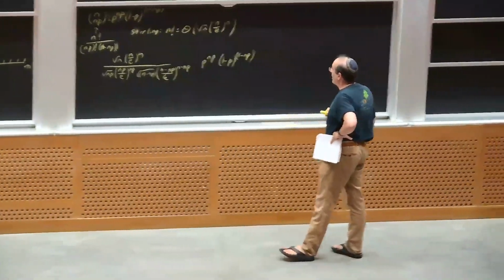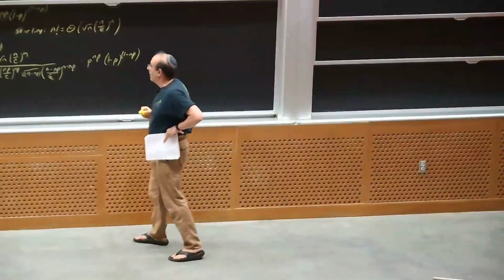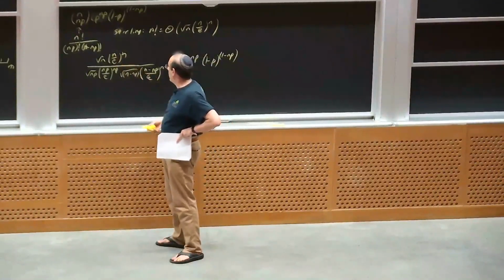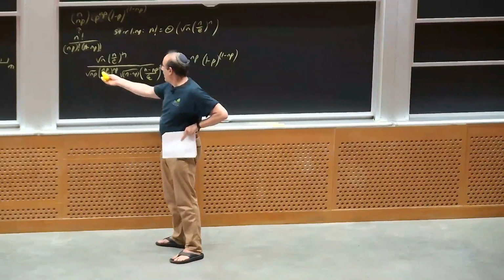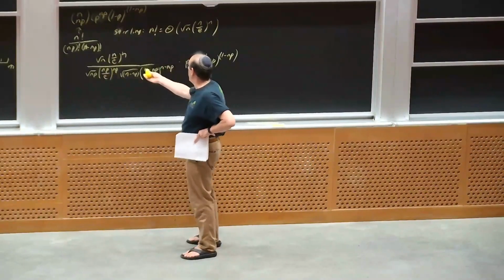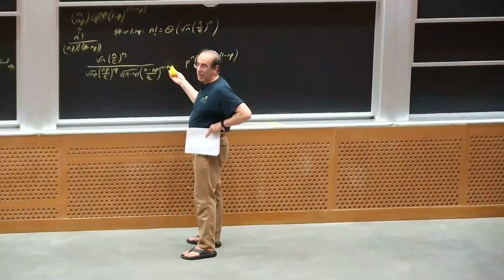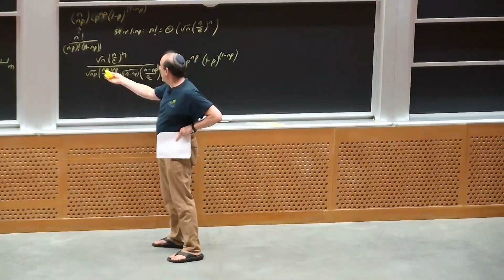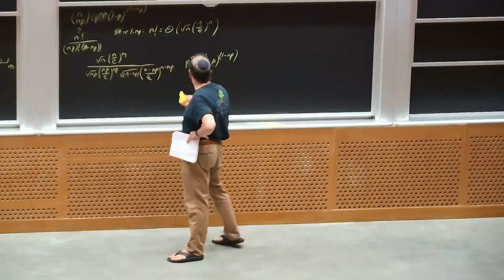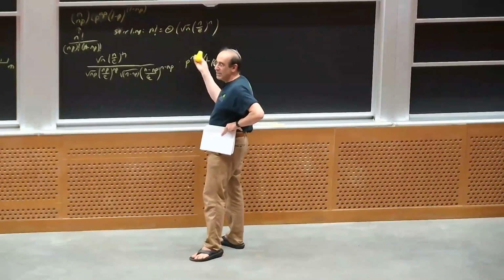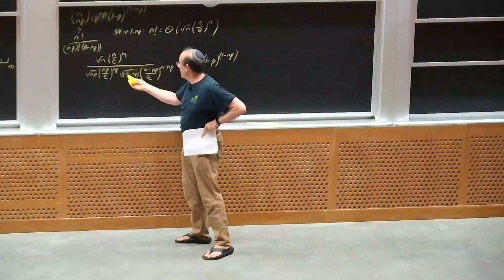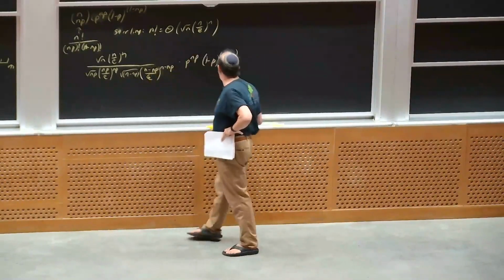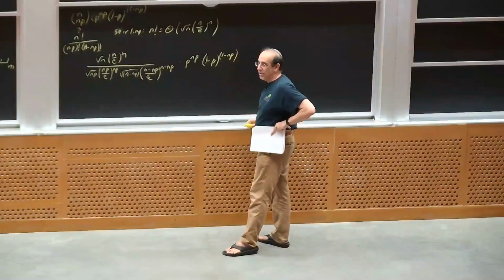Now everything starts to cancel out very nicely. We have an n to the nth power up here. We also have an n to the np power and an n to the n minus np power, so those all cancel out. And so this becomes p to the np, which cancels with this p to the np. Similarly, this becomes (1 minus p) to the n minus np, and that cancels with this one over here.